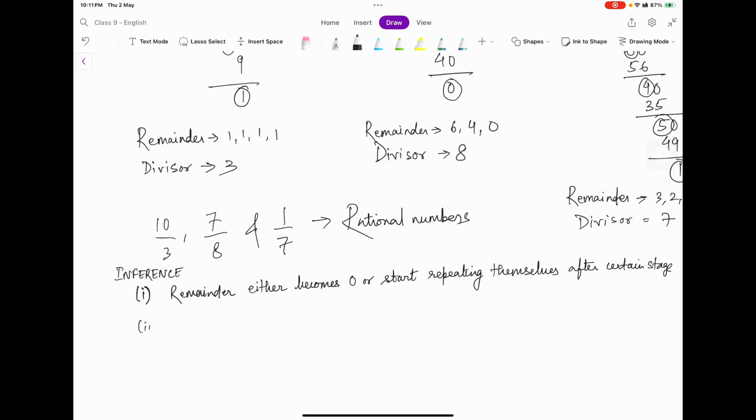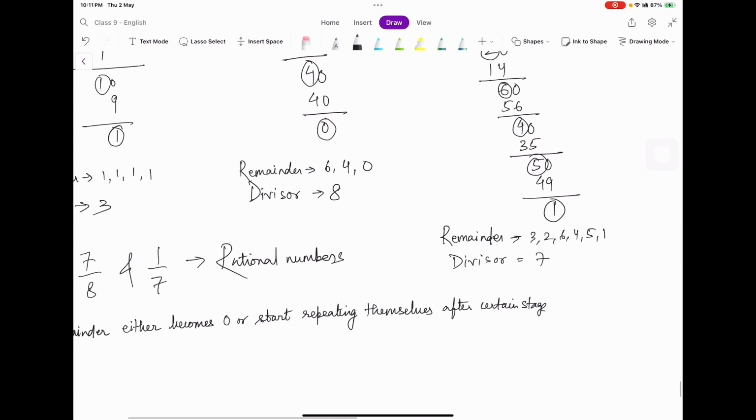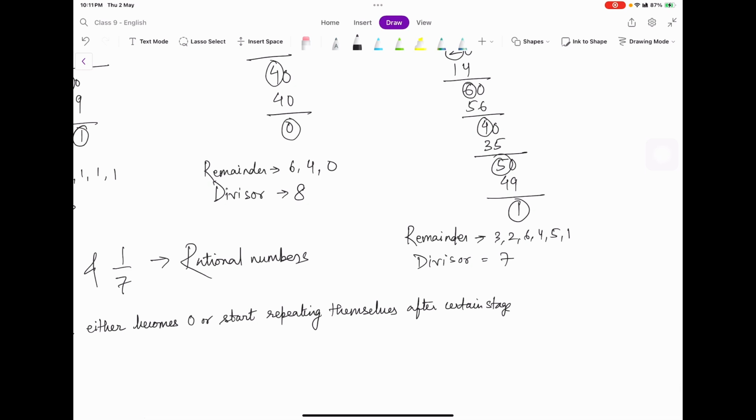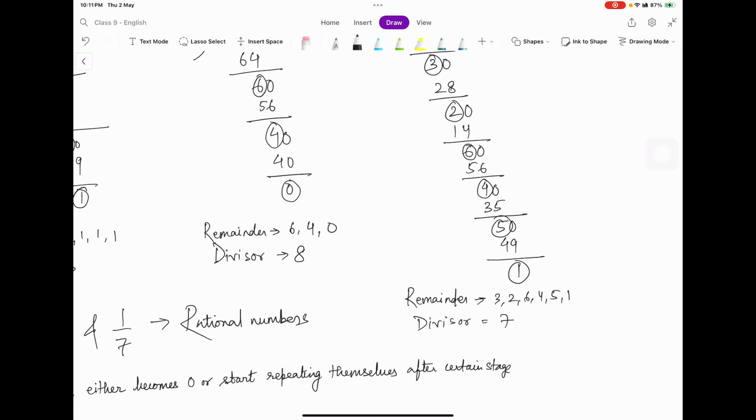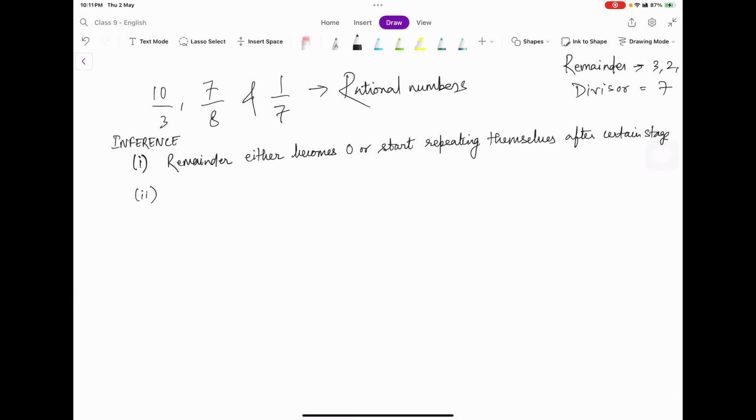The second thing you noticed is that the number of entries in the repeating string of remainders is less than the divisor. See, the divisor is 7, so the repeating string is less than 7. You will get a maximum of only 6 unique remainders.